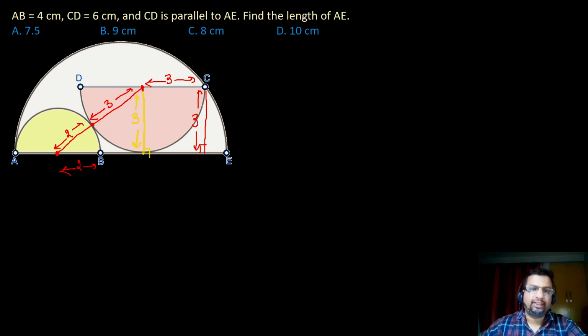Okay, if I assume the centers as O and O dash, then I can make a triangle here, that is O, O dash, and the perpendicular, this point I can assume P. So we can use the Pythagoras theorem here.